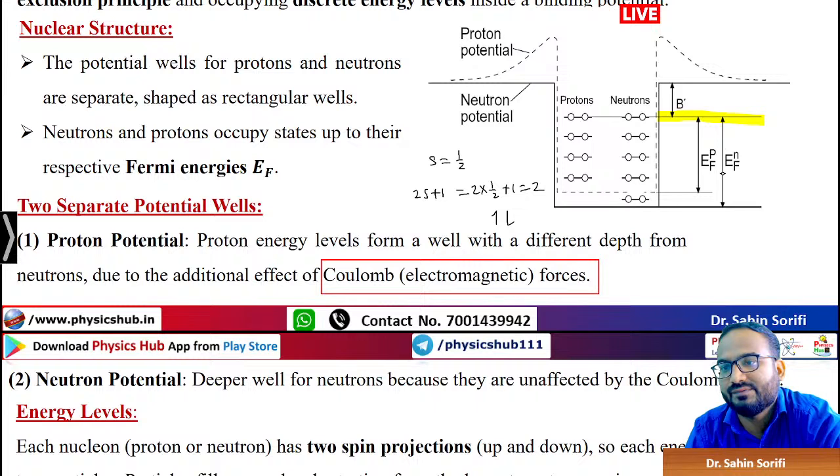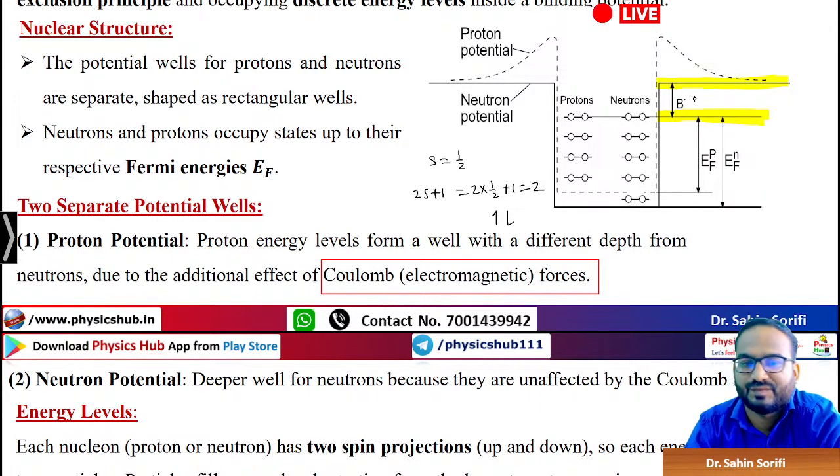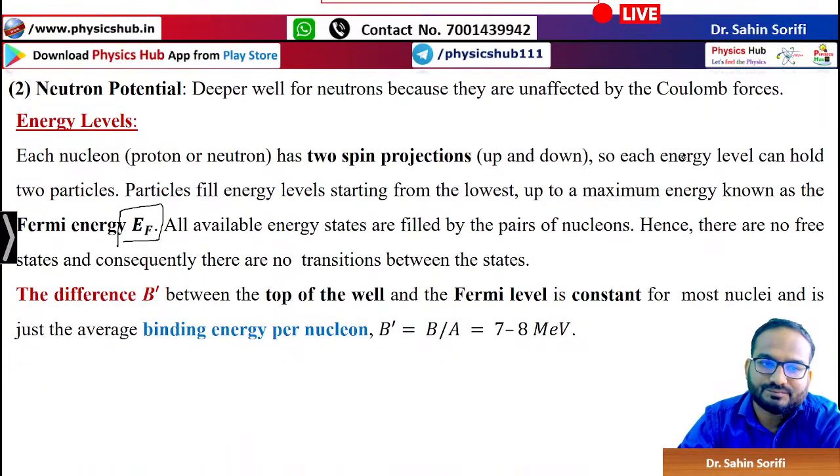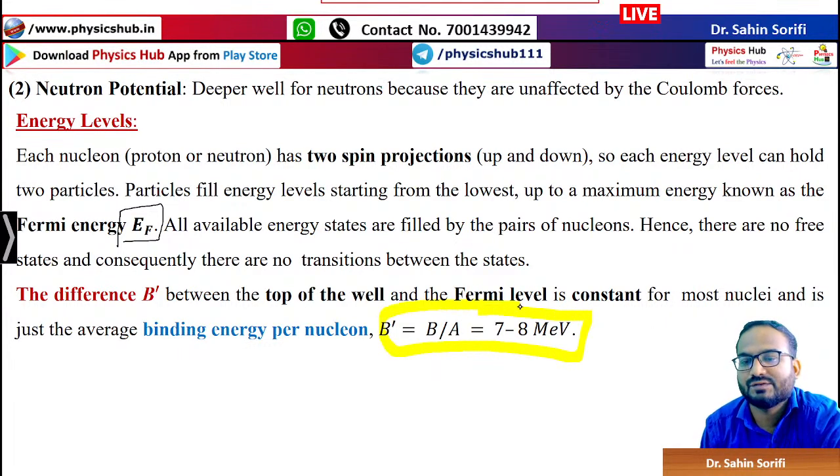This is EFP, EFN, and this is the top of the potential well. So this Fermi energy level and the top of the potential well have some difference, that is denoted by B prime. The difference B prime between the top of the well and the Fermi level is constant for most nuclei, and it is just the binding energy per nucleon, 7 to 8 MeV, and that is quite obvious now.